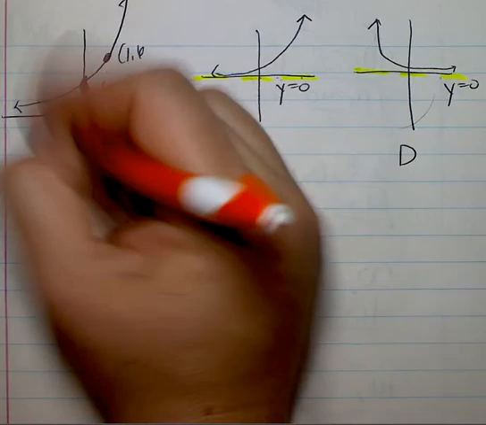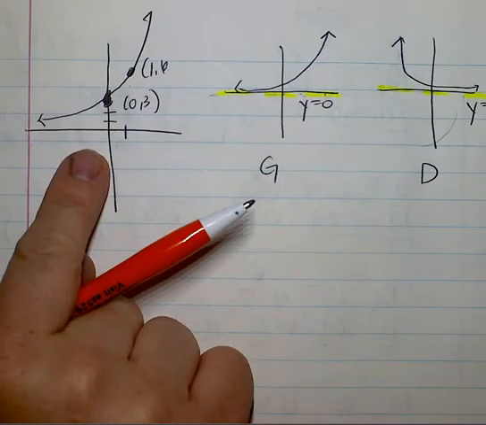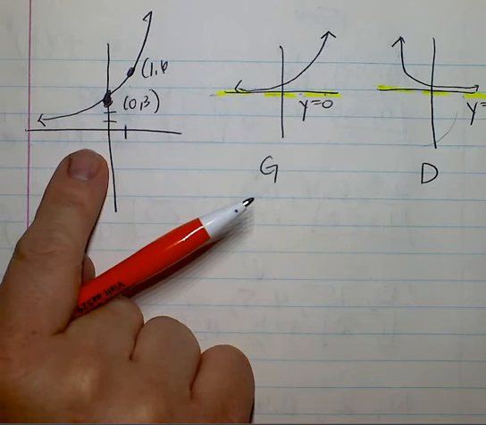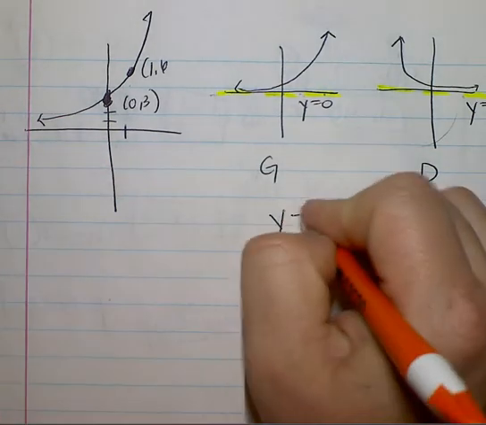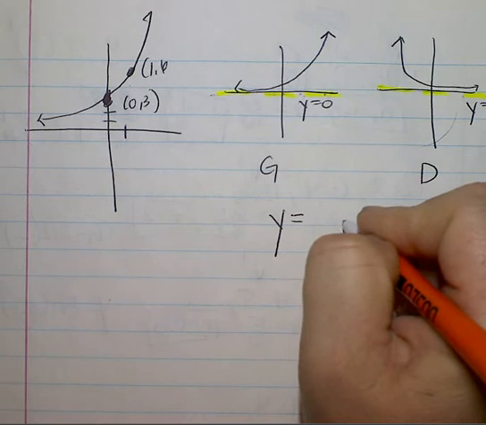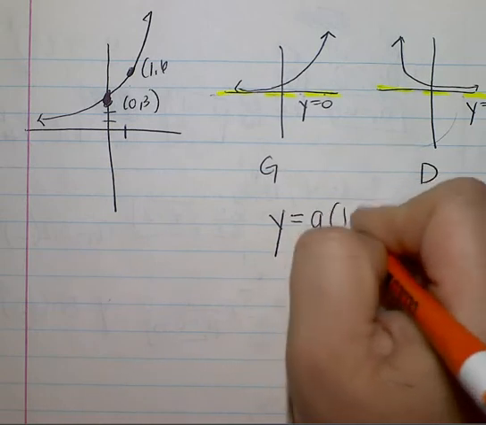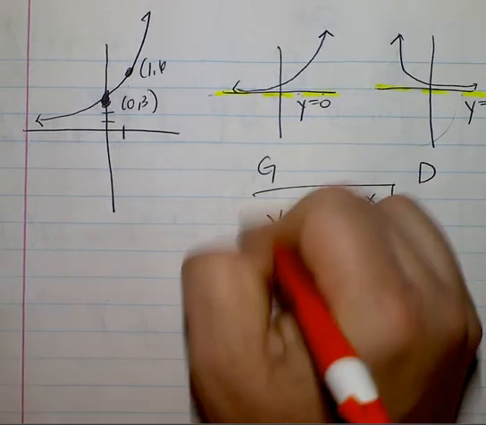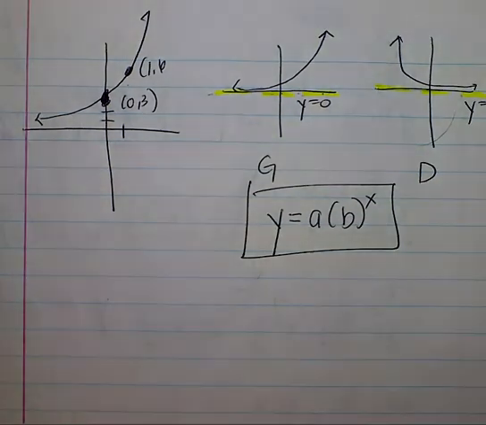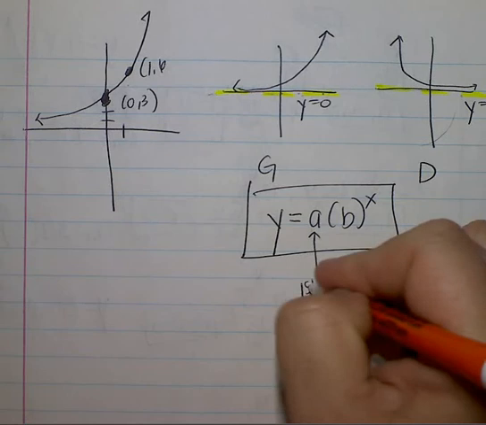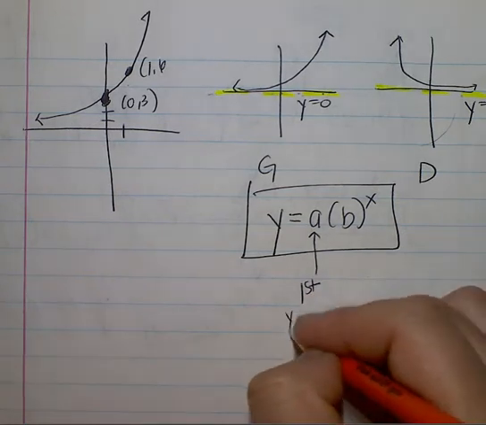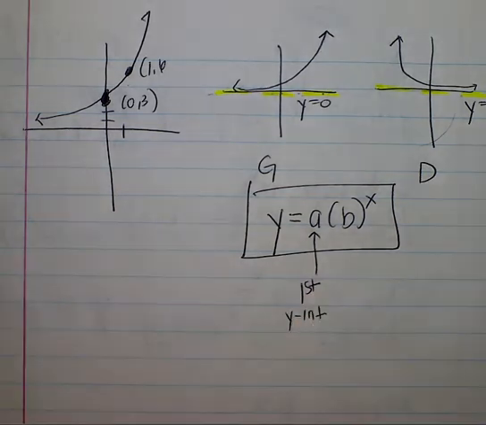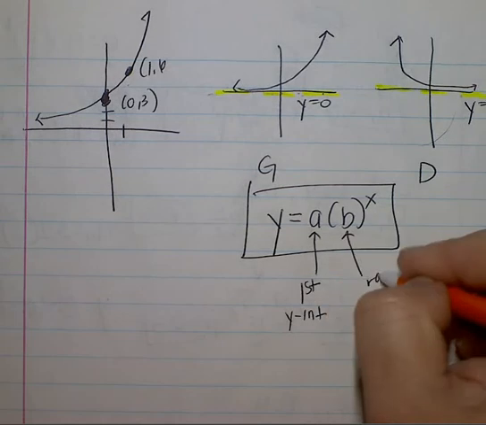By the way, does this look like it's growth or decay? Okay, so here is the general equation when you're looking at a graph and you're going to write an equation. It looks like this. That's the general equation every single time. A represents the first number, which is known as the y-intercept, and B represents the rate.